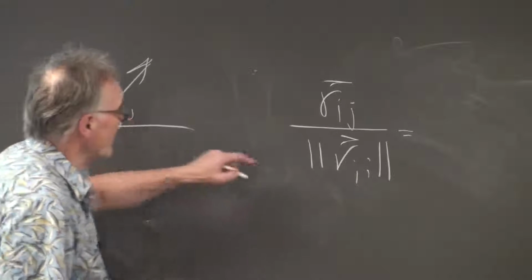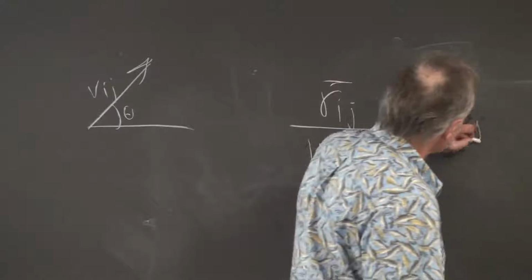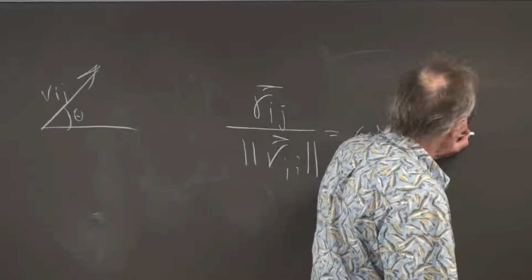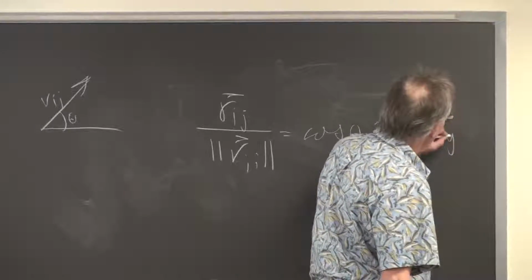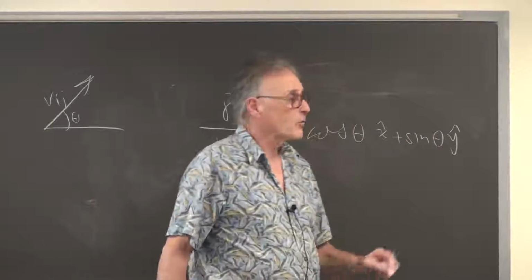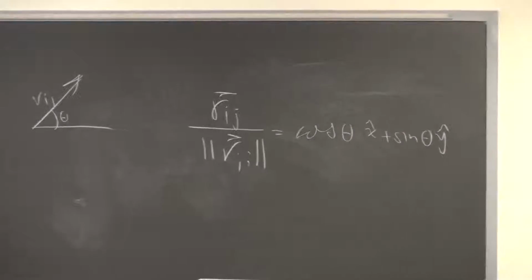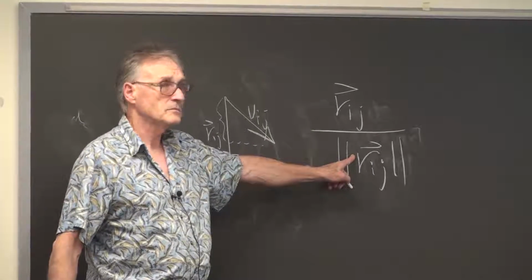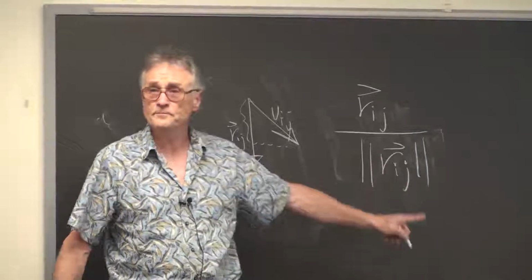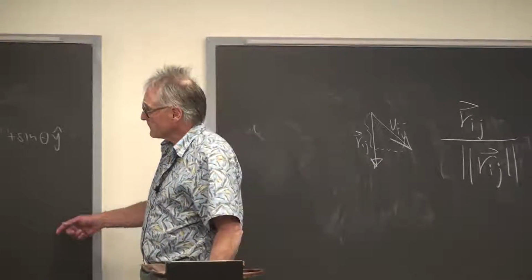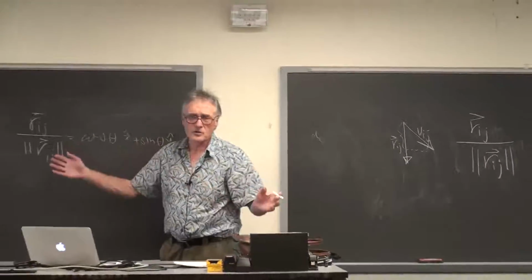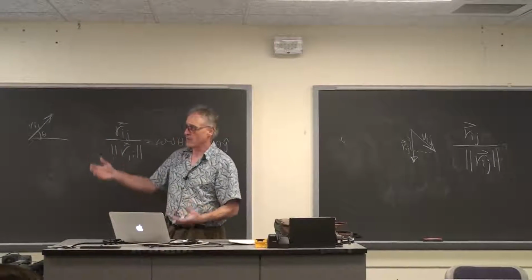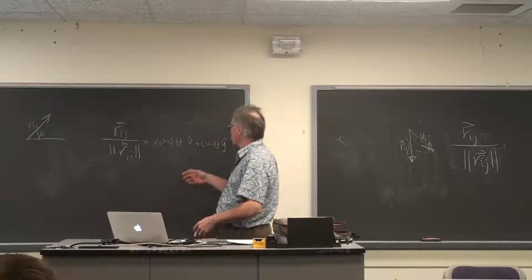This is just the angle theta with the x-axis, cosine theta in the x-hat direction, plus sine theta in the y-hat direction. So really, this is a fancy way of writing a vector version of sine and cosine. Right? You can draw it all out and you can show it's the opposite over the hypotenuse and the adjacent over the hypotenuse, and it all makes sense.